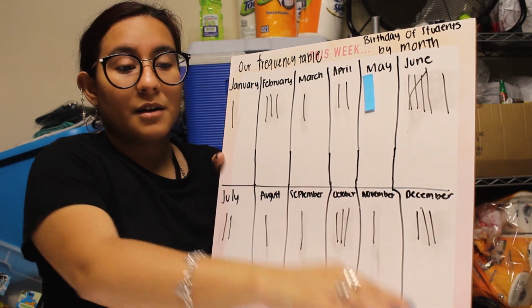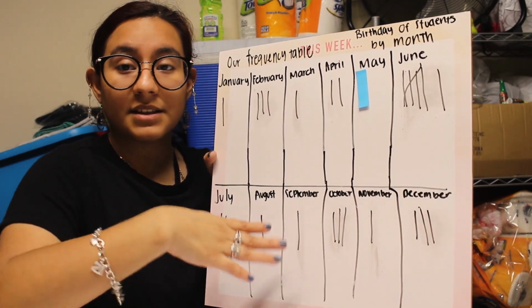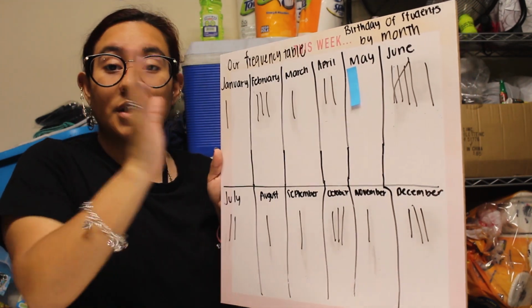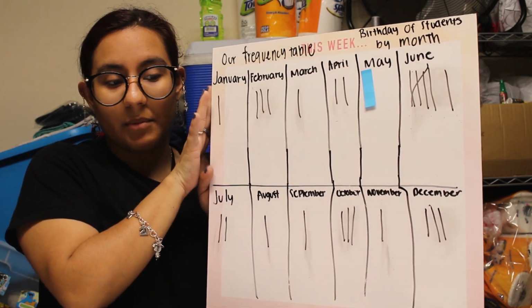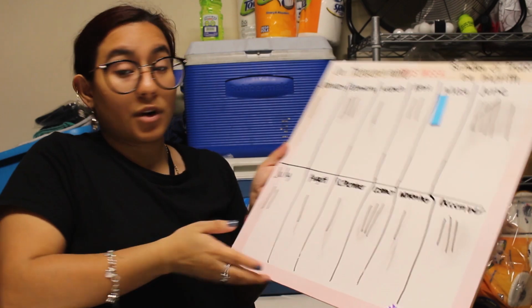From here I will set this to the side and let them know that we will be using this table in one of our upcoming assignments. And now we will work with a little bit of vocabulary.